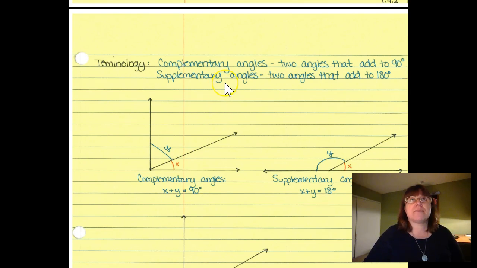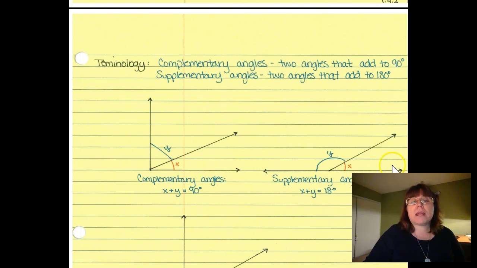So we have generic angles as complementary angles and supplementary angles. So complementary angles are two angles that add to 90. So in the first figure, I have a right angle, which is 90 degrees, and I've divided it into two angles. So angle X plus angle Y will add to 90.